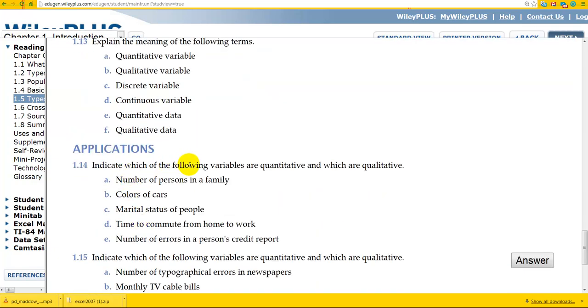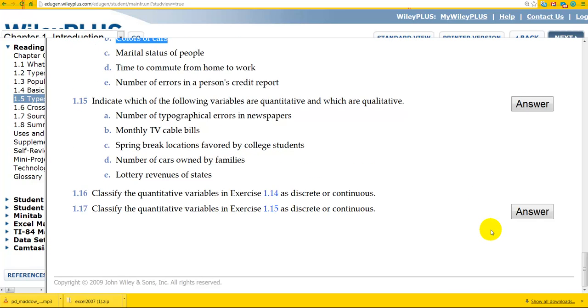Indicate which of the following variables are quantitative and which are qualitative. Let's just do one of them. Number of persons in a family. Is that qualitative or quantitative? Number of persons is obviously quantitative. Colors of a car, I'll let you do that one, and you can check the answers. Okay, so let's stop here.